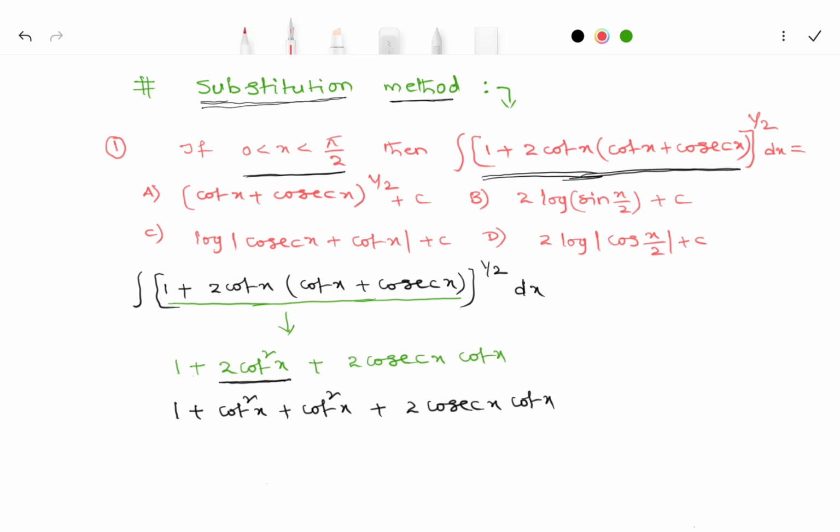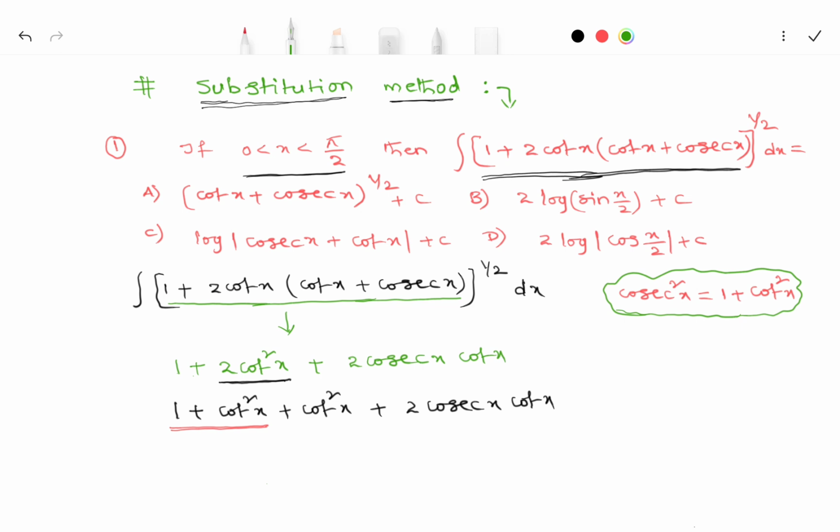Now you see the first part, 1 plus cot square x. You know one basic identity in trigonometry: cosecant square x is equal to 1 plus cot square x. I hope everyone knows this formula, because it is a basic identity in trigonometry.